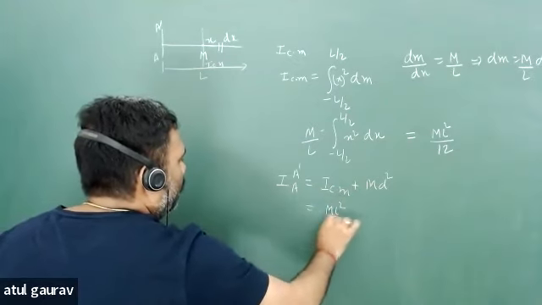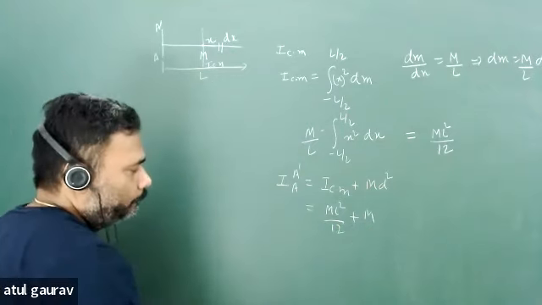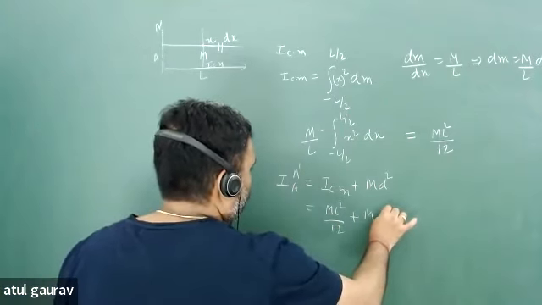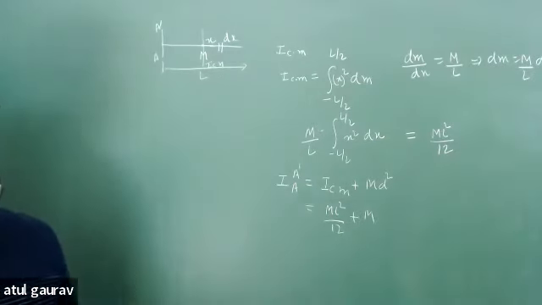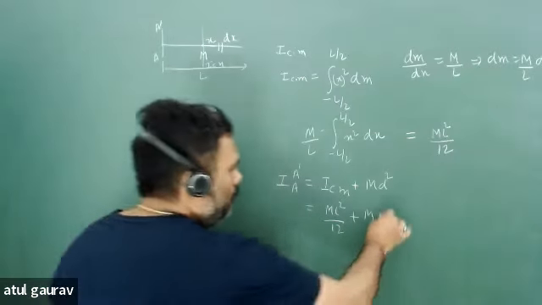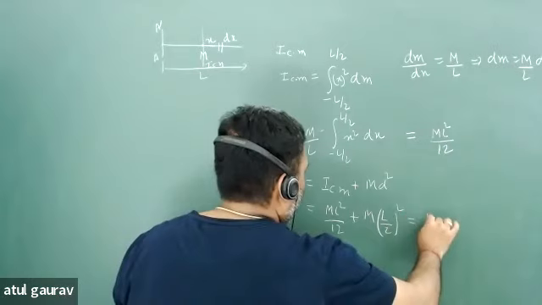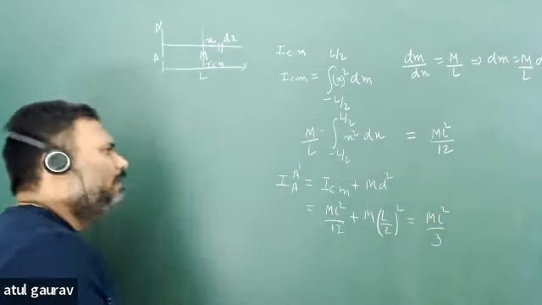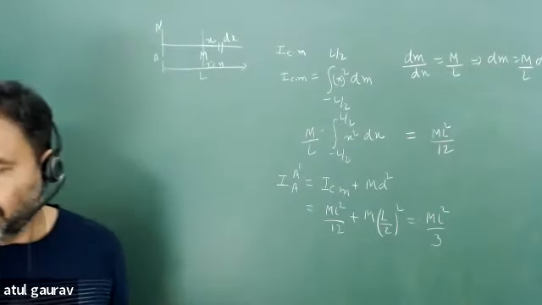It is ml square by 12 plus m. And what is the value of d here? Tell me. L by 2. So that value is nothing but L by 2 whole square. So you have ml square by 3. This is very trivial. We must have studied this in our school days too.